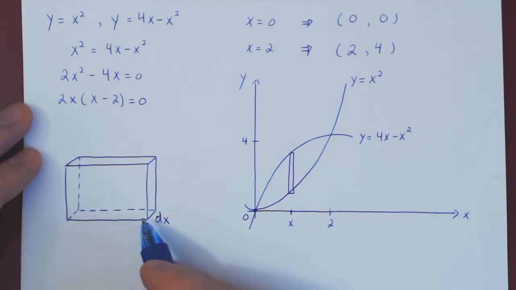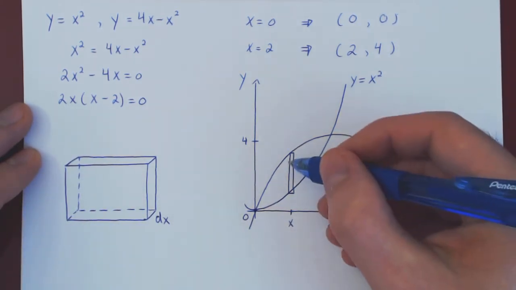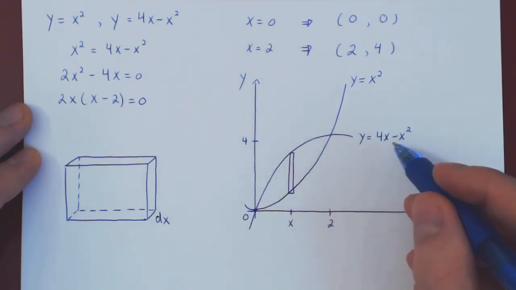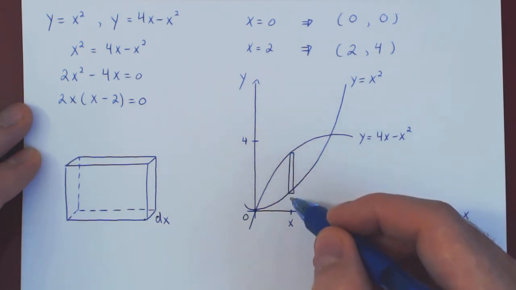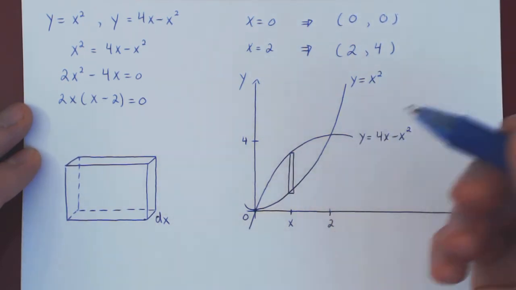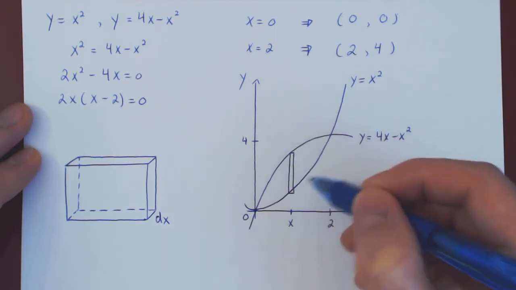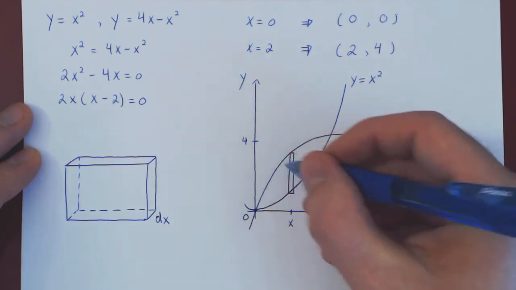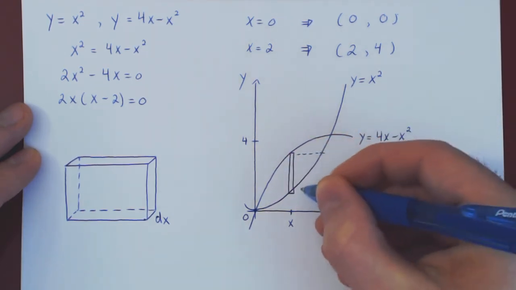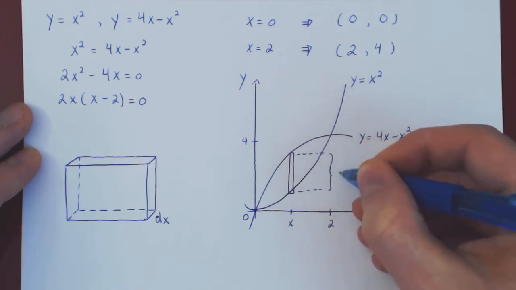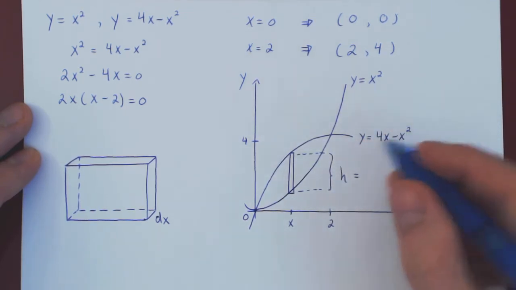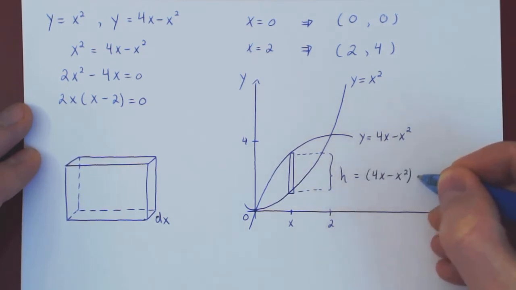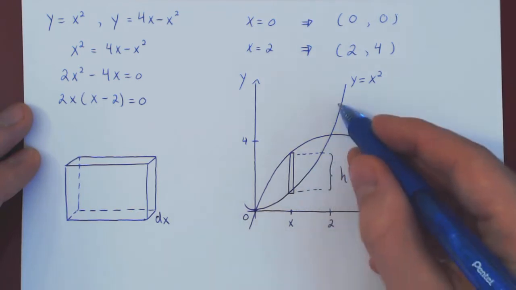Well, the length of the base of your square is the length of the rectangle. This is a segment along the y-axis, so we need the larger y value, 4x minus x squared, and the smaller y value, which is x squared. Therefore, the length of this rectangle is obtained by taking the larger y value, 4x minus x squared, minus the smaller y value, x squared.